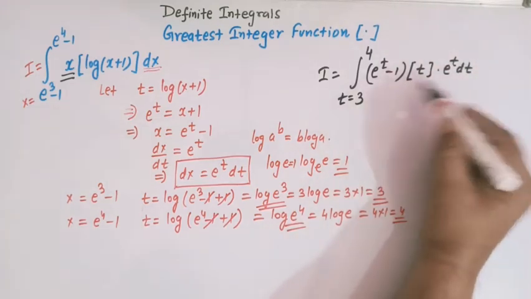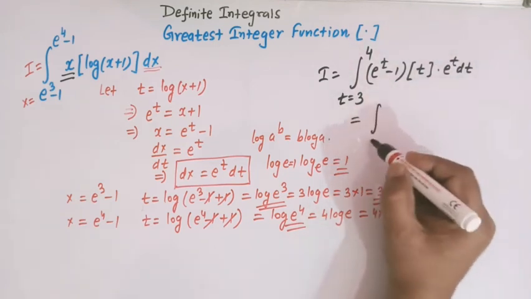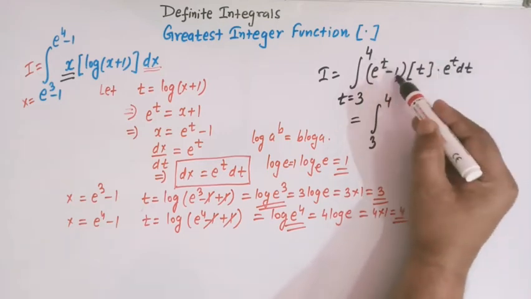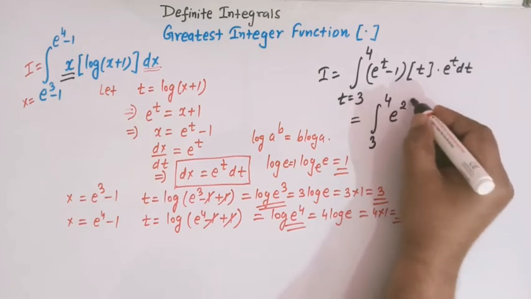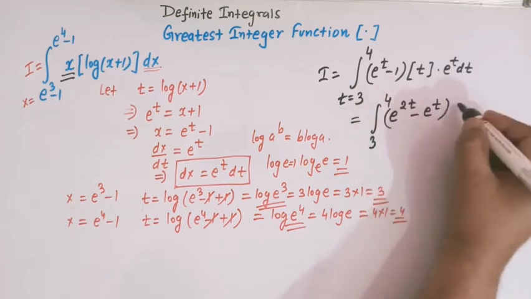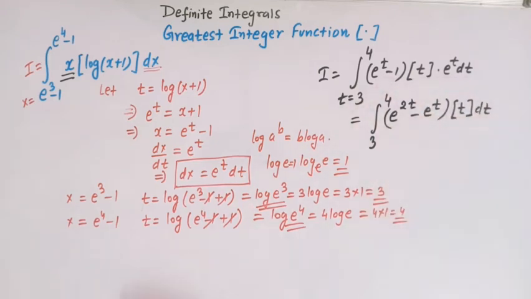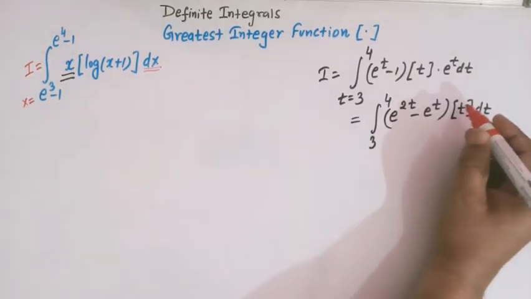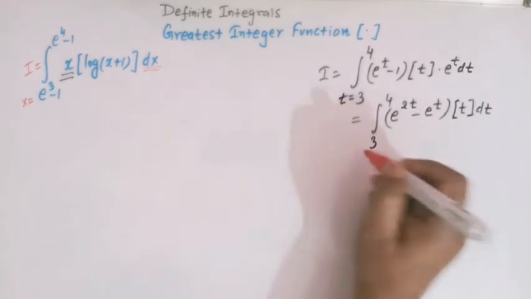Okay, so now we can rewrite this integral as 3 to 4, and we can multiply e raised to t minus 1 with e raised to t. So we have e raised to 2t minus e raised to t, and here we have greatest integer t and dt, right?